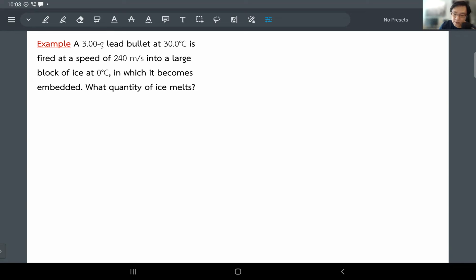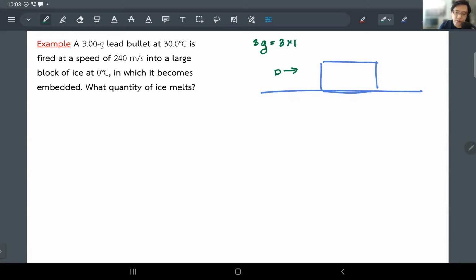Okay, let's draw some picture here. You have a large block of ice waiting, and then you fire a bullet into it. The information you have is the 3 grams, which you can always turn into kilograms in the SI system. Now see the difference, just like I mentioned last week.